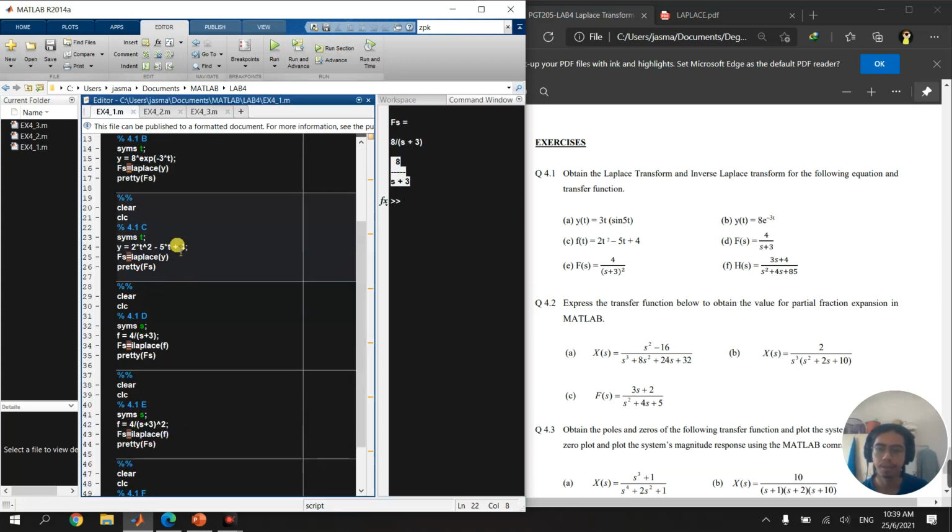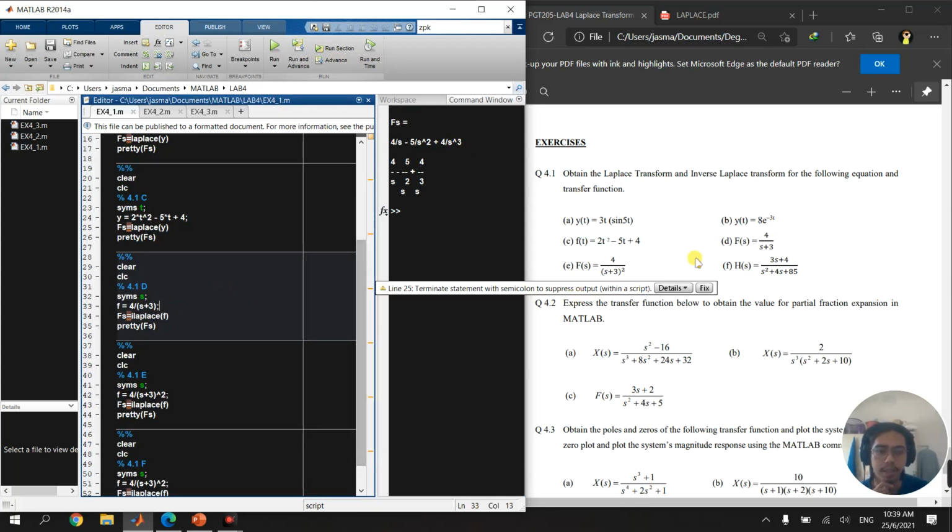Also the same for question C. Question D is already in Laplace, which is 4 over s plus 3 in the s domain. So we use inverse Laplace to get the equation.